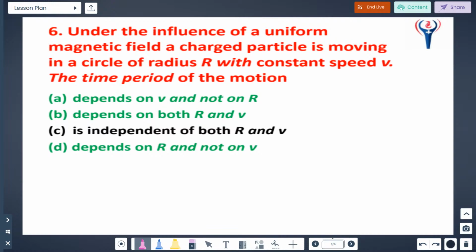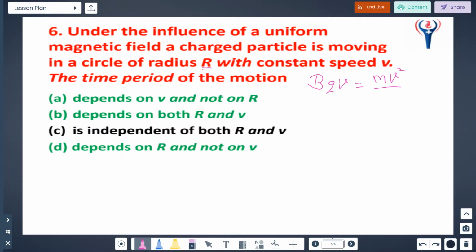For this also, just like the previous problem, we want to compare centripetal force with the force due to the magnetic field. That is BQV equal to MV square by capital R. Previously I used small r, but here capital R is given.